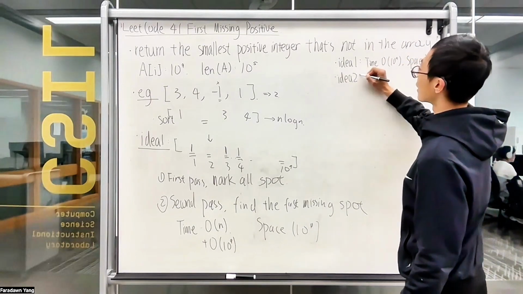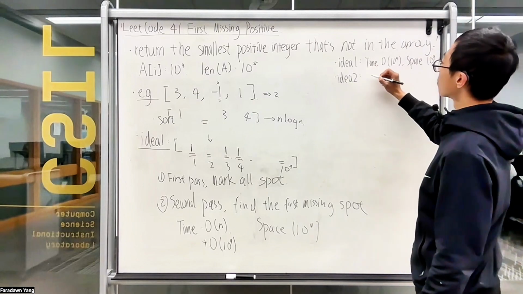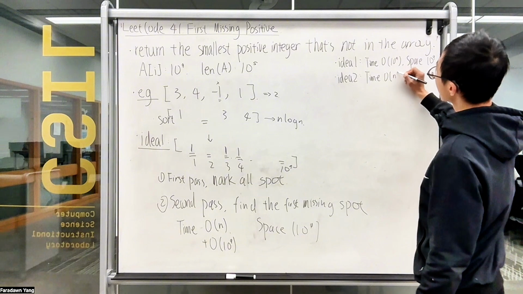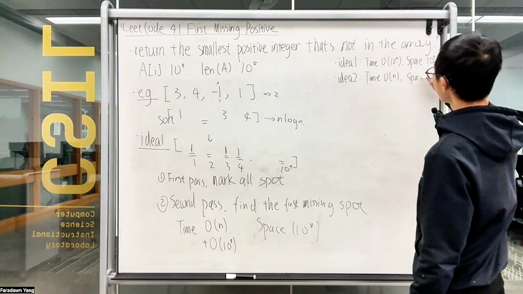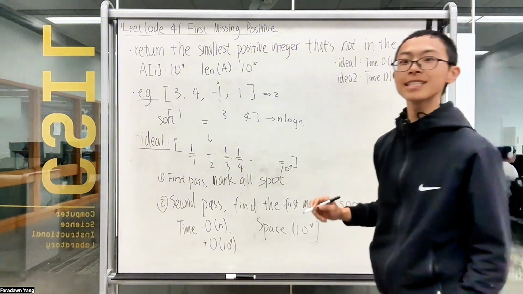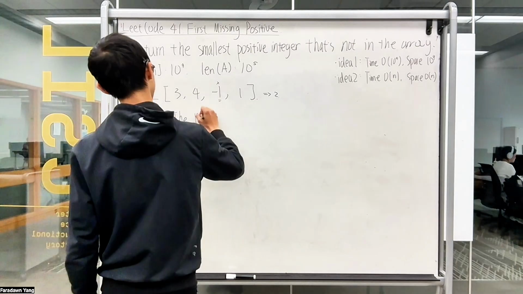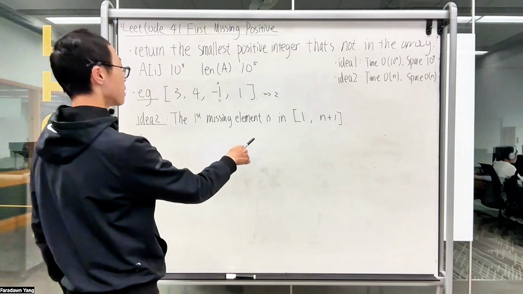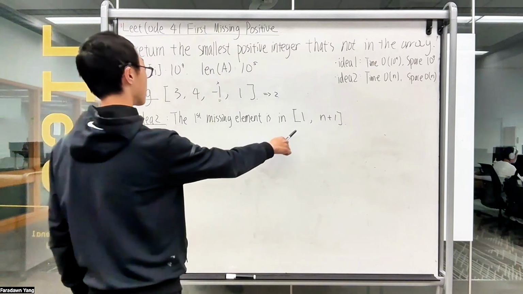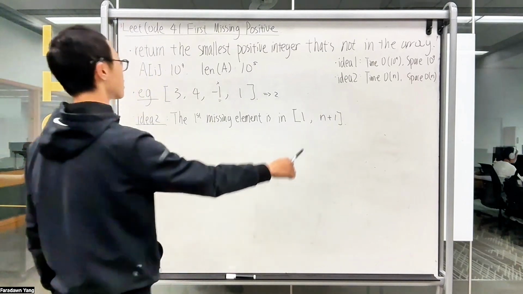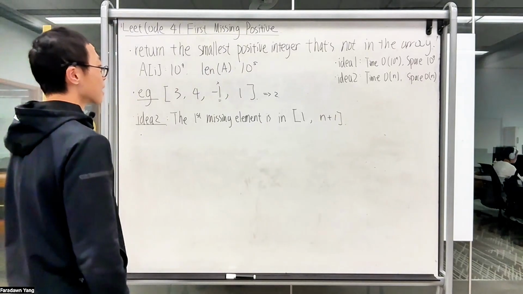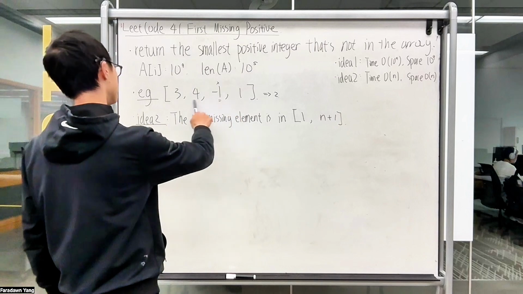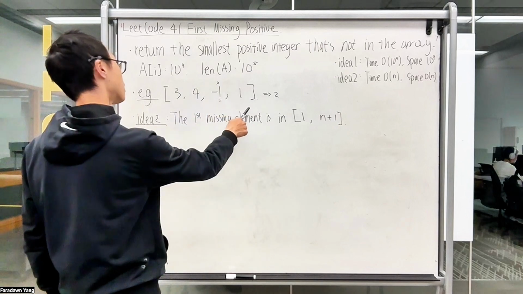What if we want a better idea to achieve time of O(n) and space of O(n)? Can we do that? Observe that the first missing element must be in the range of 1 to n plus 1. Why? Because there are at most n elements, 1, 2, 3, 4.